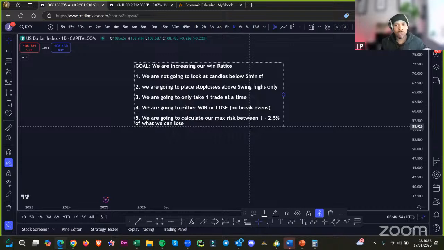Let me put some more caveats in, because I'm doing it off the top of my head. This is going to change a lot of things for people. We must see at least a 1 to 3 from our trade idea.